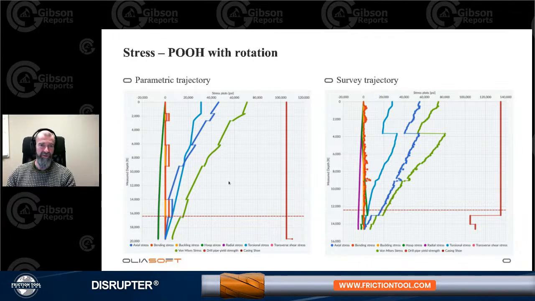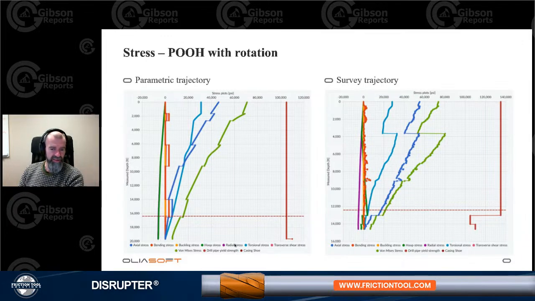It shows how the stress looks for pulling out of the hole with rotation, because here we can see a little bit about the magnitude of these different stresses. On the left-hand side we have some negative stresses. In this case, it's the hoop stress, and I think the radial stress.